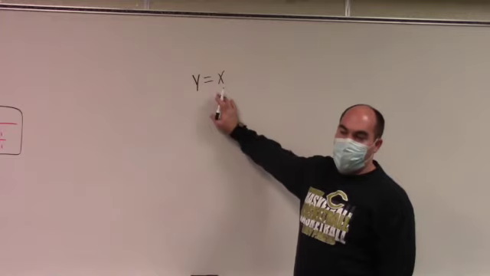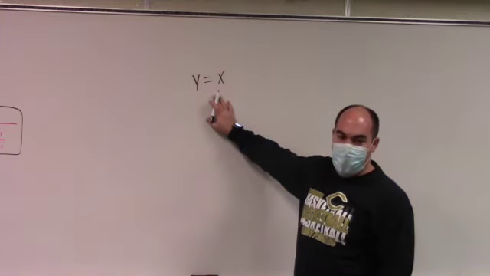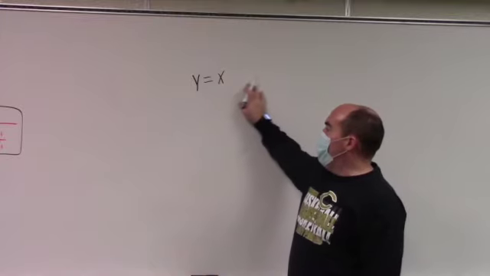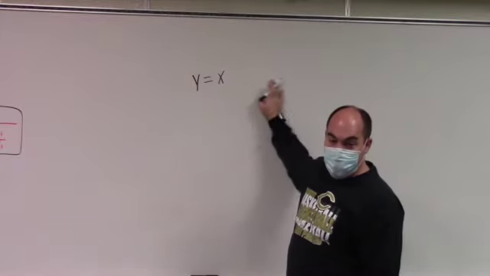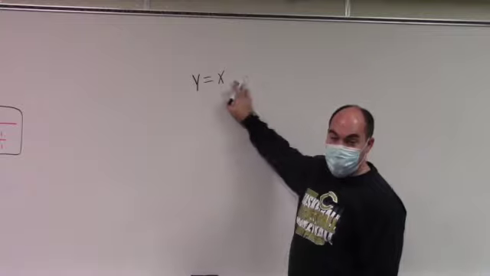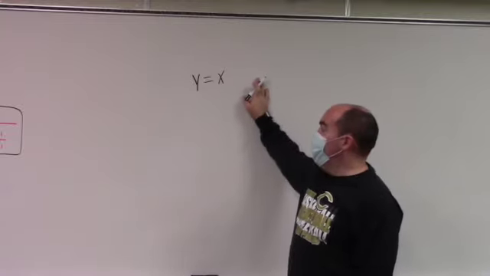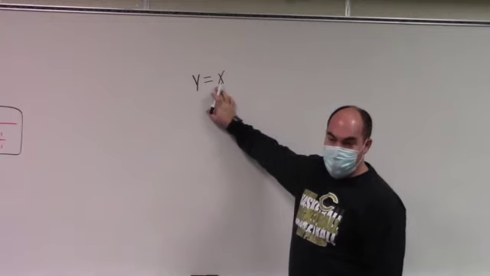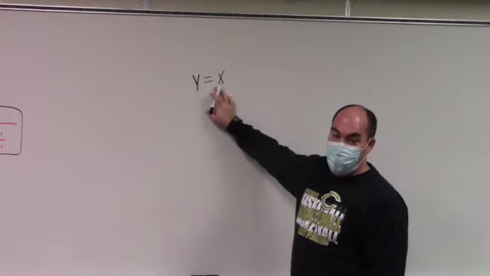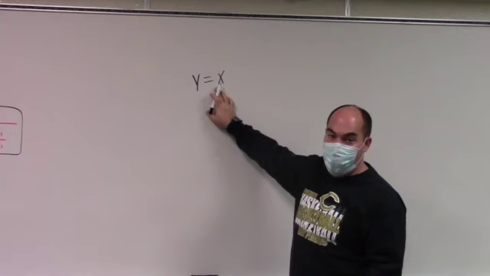Because this is the most simple line that you could ever draw. Because what's the y-intercept? Oh, b. 0. Okay, the b is 0. There's nothing over here. Okay, and what's the slope? 1. So you're counting up 1 and right 1, up 1 and right 1.